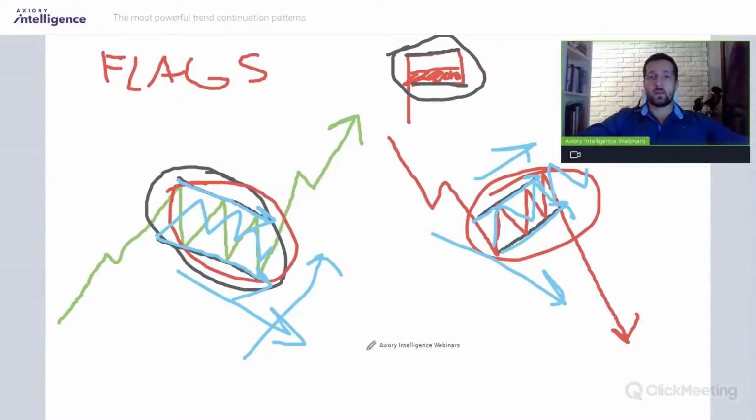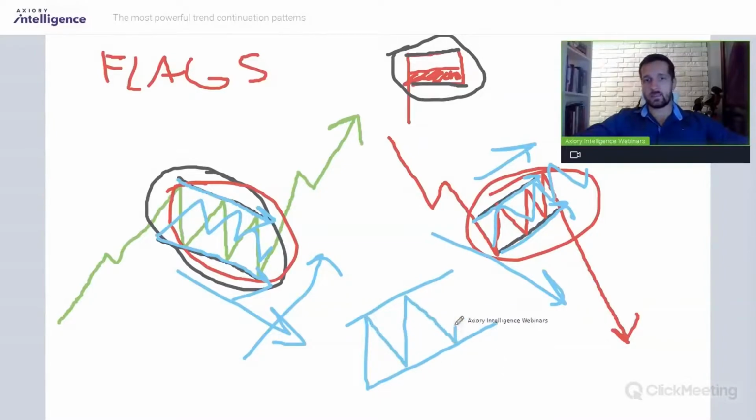You may be wondering: is it really possible that price respects two parallel lines to each other and touches them almost with pharmaceutical precision? Yes, it is possible. That's one of the crazy and beautiful things about technical analysis, that you have some formations like this.